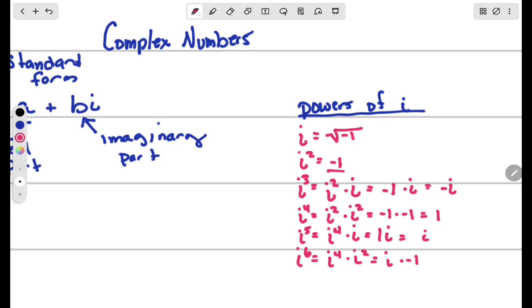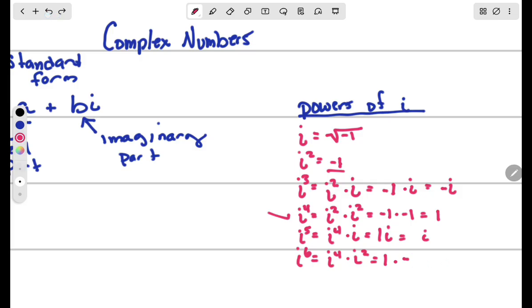I'm tripping. Let's go back to that. i to the 4th here is 1, while i to the 2nd is negative 1.